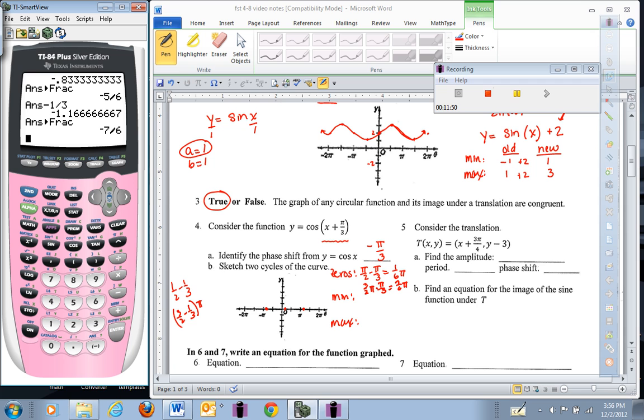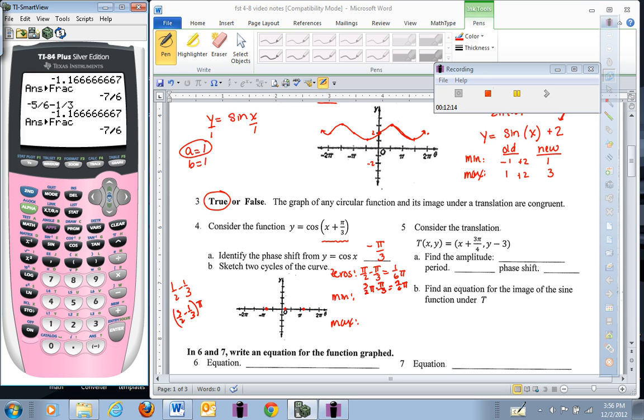I don't think that would be at negative 7/6 pi. What did I say we were at? We were at negative 5/6, and we want to subtract 1/3 of a pi. It says negative 7/6.